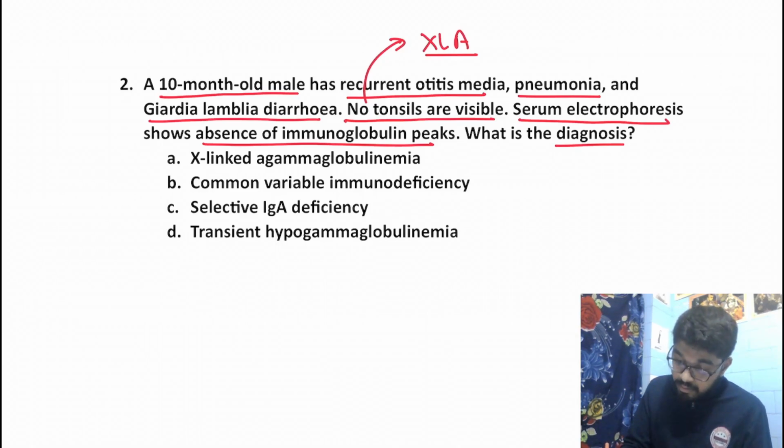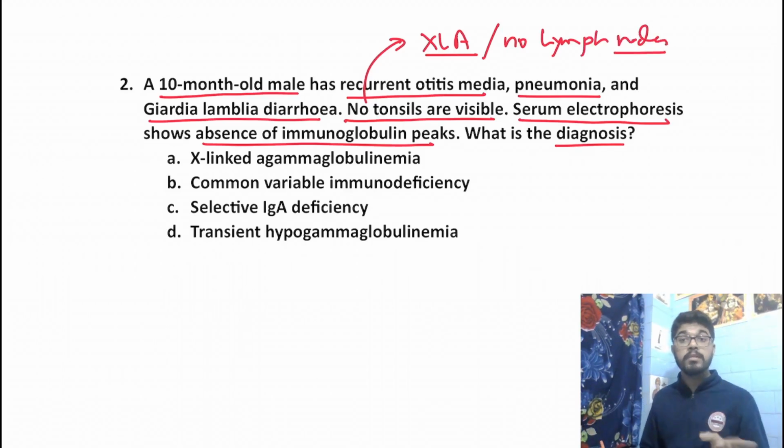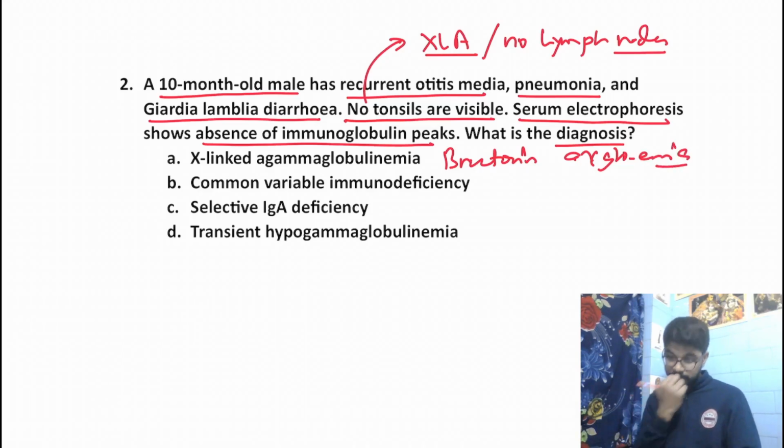Whenever we get no tonsils, even absent lymph nodes, it points towards a diagnosis of X-linked agammaglobulinemia or Bruton's agammaglobulinemia.